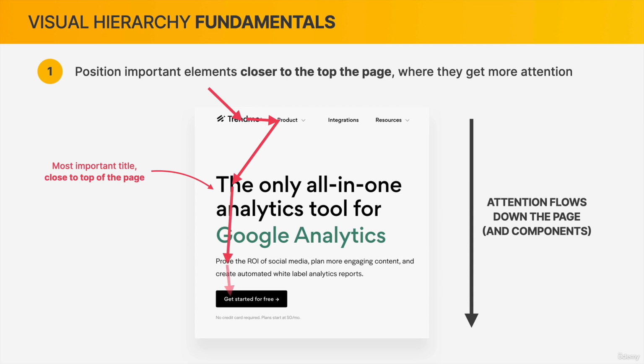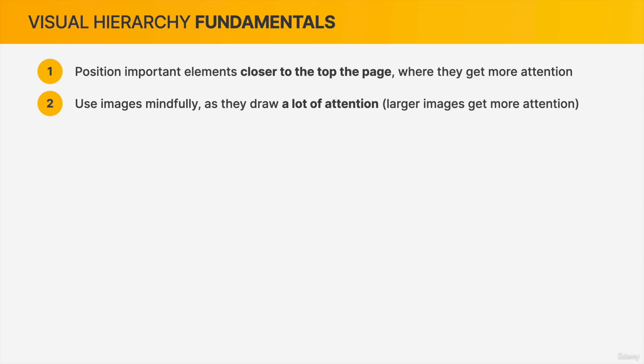Then from there, attention will of course keep flowing down. And here we also see that we have this really important call to action button. And so your very first call to action button should also be as close as possible to the top of the page. Now, next up, it's important to be aware of the fact that images draw a lot of attention. And so therefore, you need to use them mindfully.